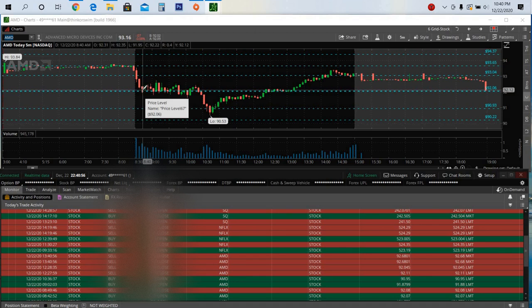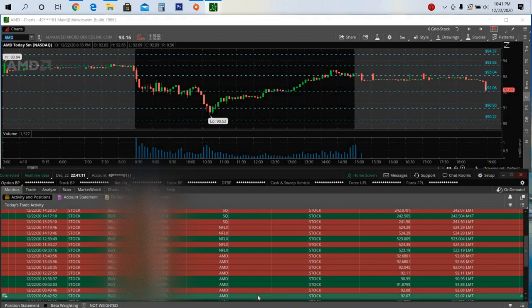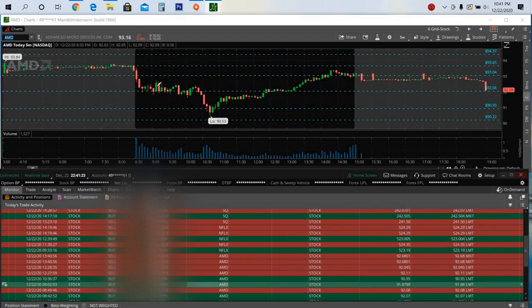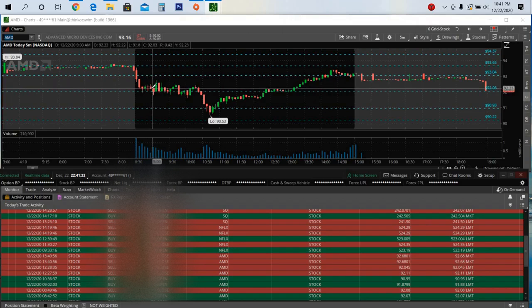It was around 8:42, so I think I bought it here, exactly just above this line, and I kind of held it for a little bit, but then I saw it consolidating, and I just didn't feel like it was working, so I more or less panic sold here.